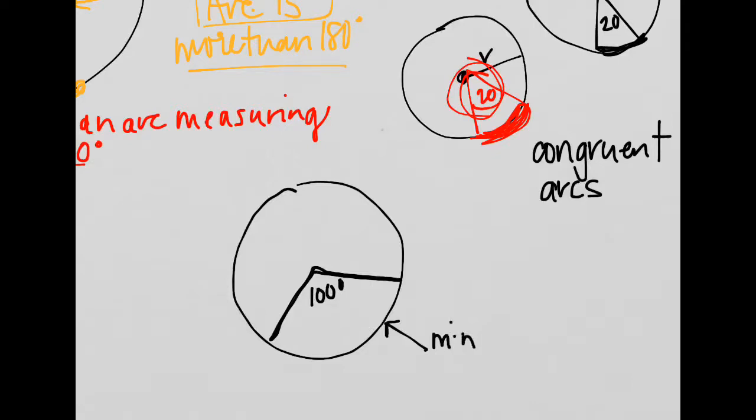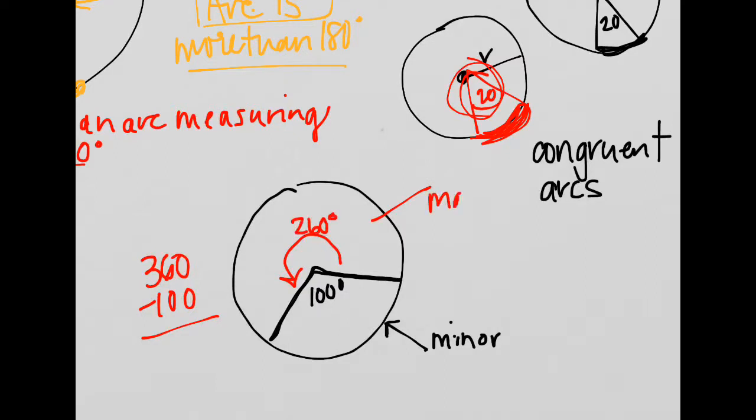It's less than 180 degrees. And the major arc that corresponds, that goes with it, would be what's remaining. And this would have to be 360 minus 100, right? Whatever's left over, this would be 260 degrees. This is my major arc.